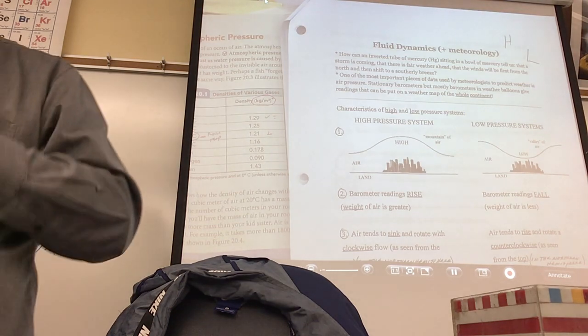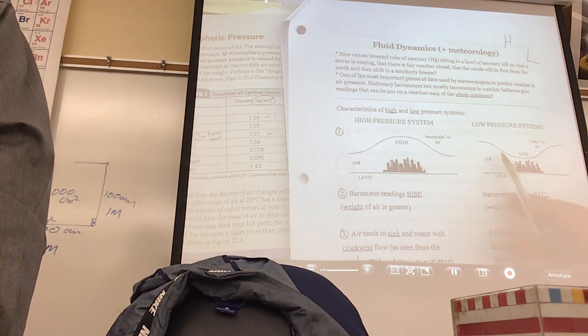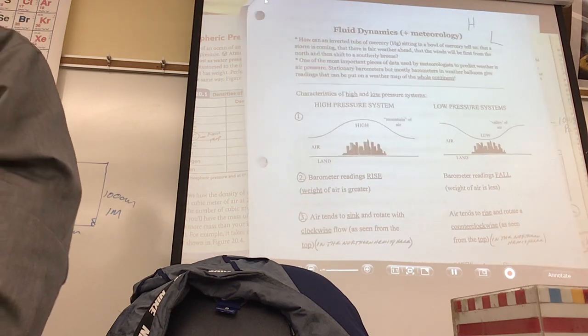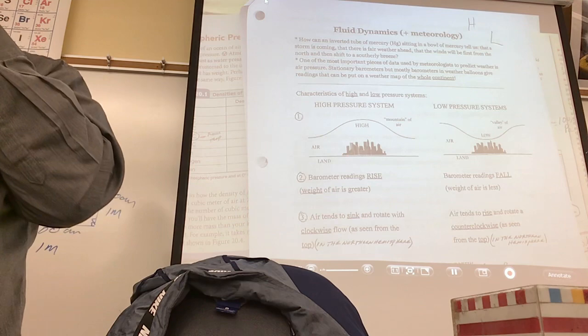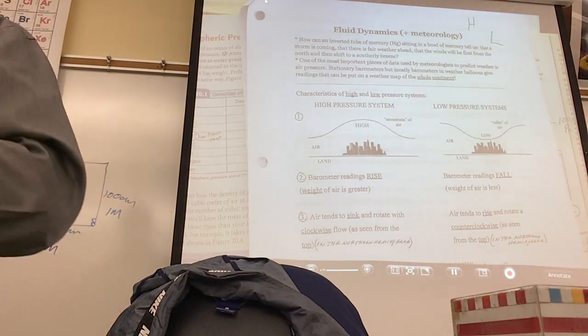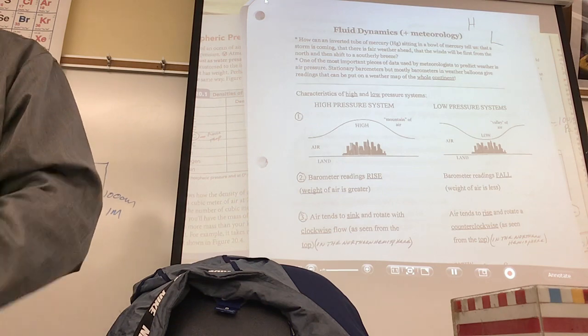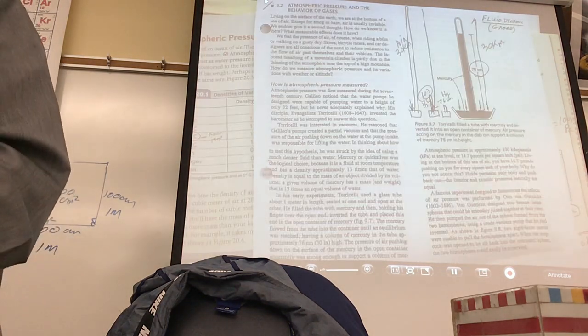And so what's happening is, today, right here over Greensboro, instead of a pile of air over Greensboro, we have kind of a depression of air. And that's called a low pressure area. Now, what would my barometer do? Let's go back to the picture of the barometer again.